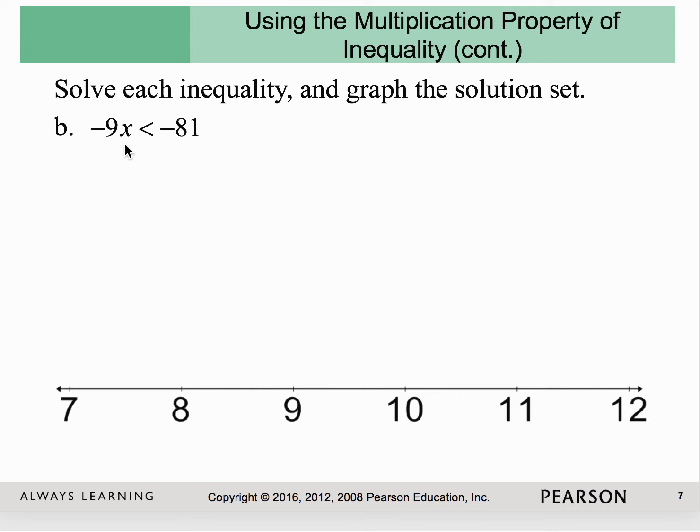Okay, trying to get the x all by itself on the left-hand side, so I'm going to divide by negative 9. Now this is where we have to be careful when it's an inequality. Really, you do this with an equal sign too, but when you flip an equal sign, it doesn't matter, right? So this changes this term to a positive number instead of a negative, so I got to change that.